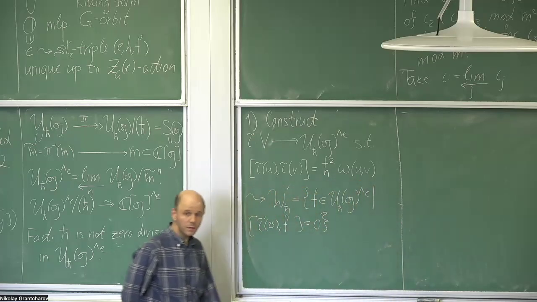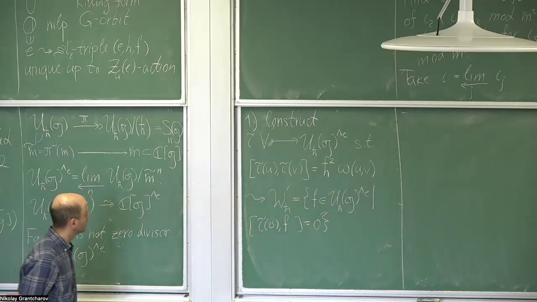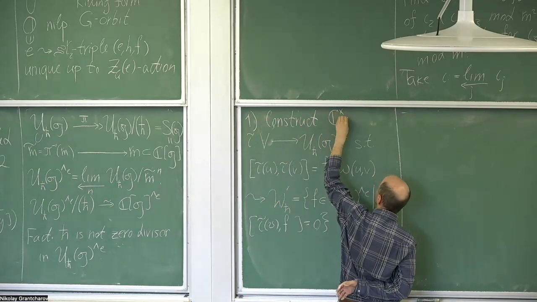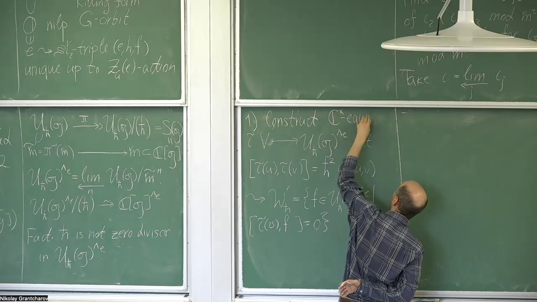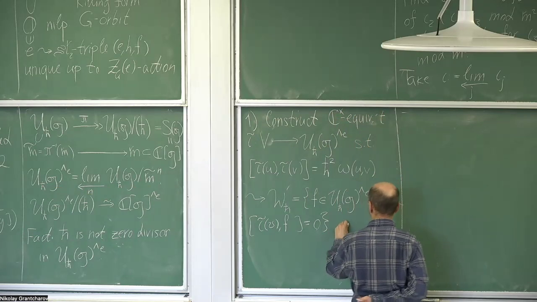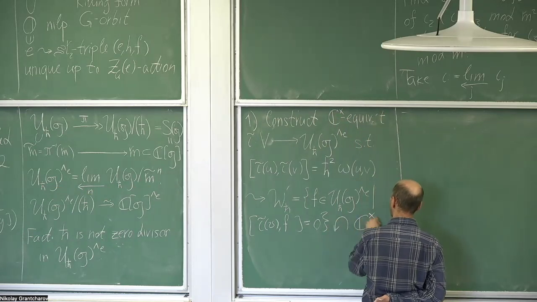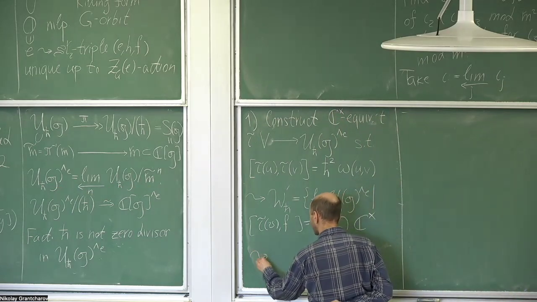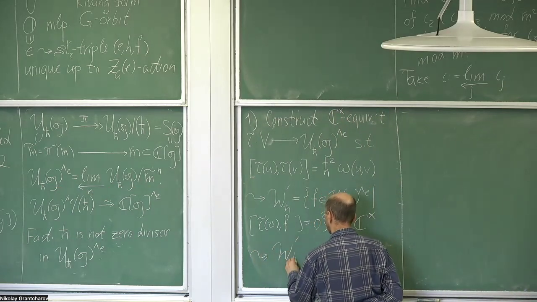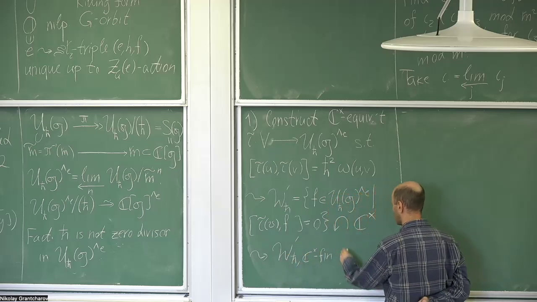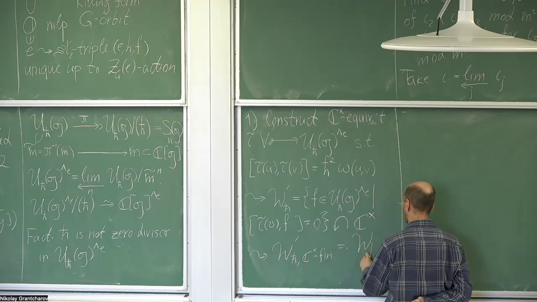This is a subalgebra. It's acted on by C star because I can assume that my iota tilde is C star equivariant. I pass to C star finite elements. I can denote this by W sub H bar.